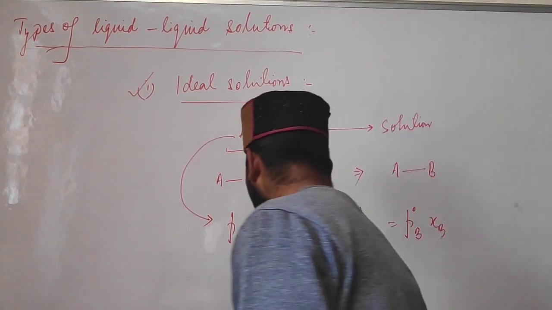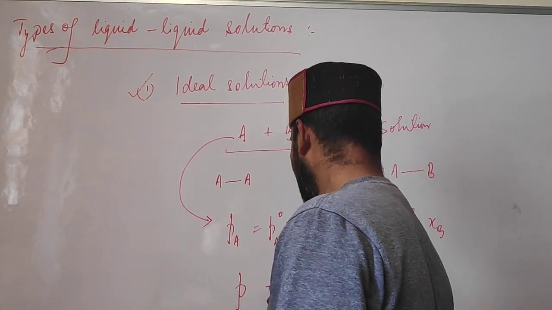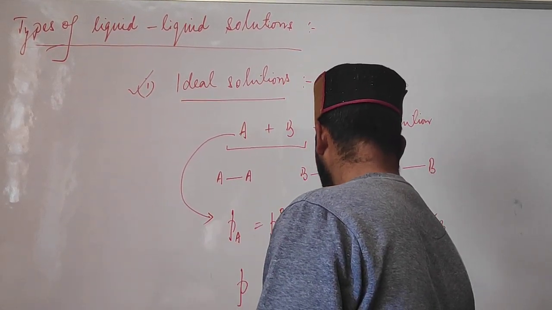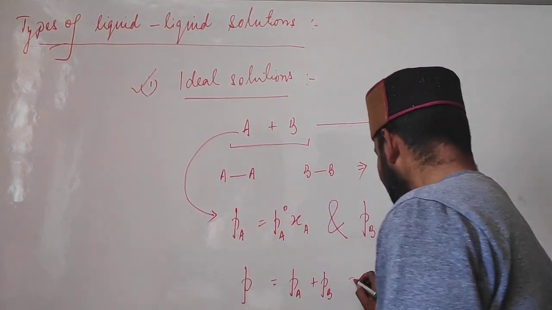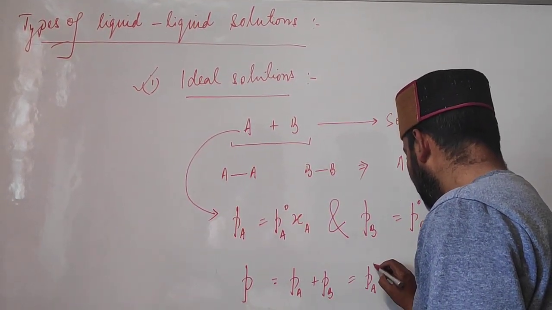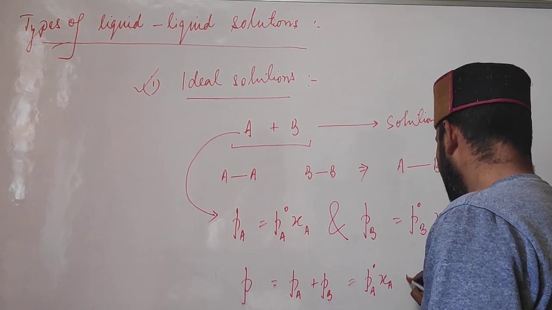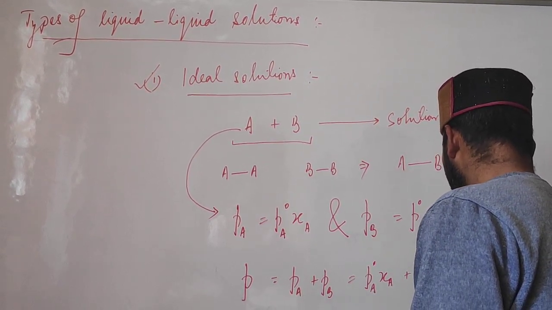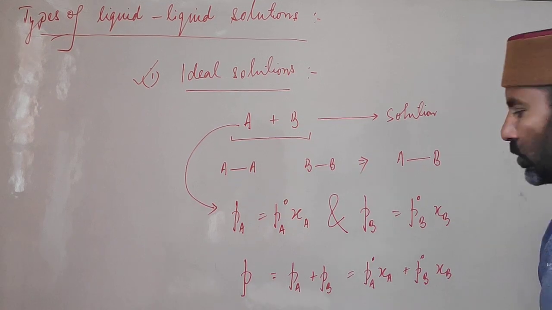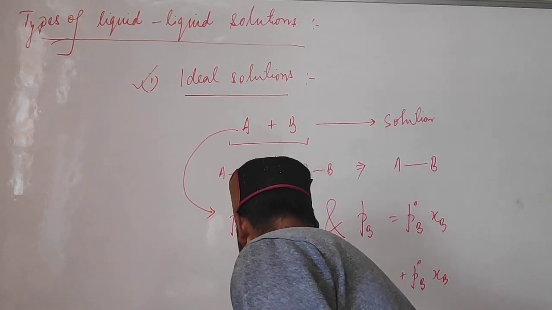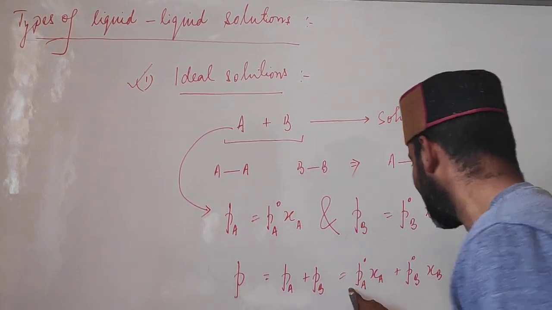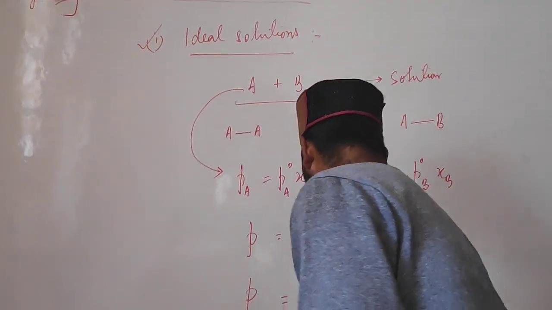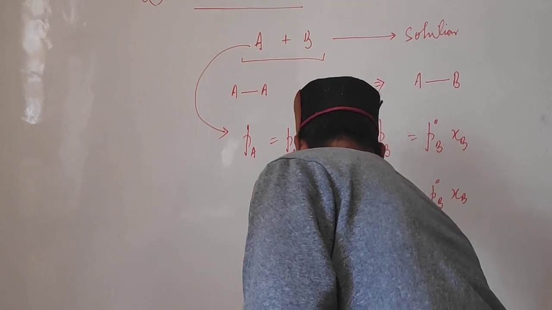So students, total vapor pressure P in the solution is given by the sum of individual partial pressures PA plus PB, or it is equal to, according to Raoult's law, P naught A XA plus P naught B XB. So finally we say P, say this is observed and this is calculated, means theoretically. So P observed will be equal to P calculated.